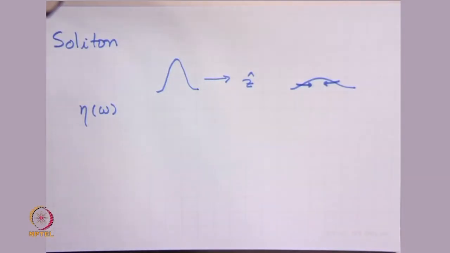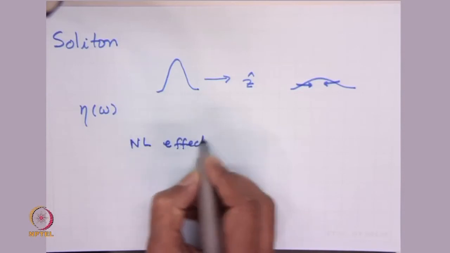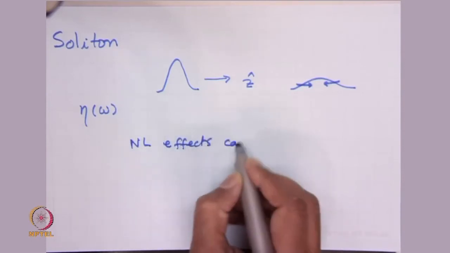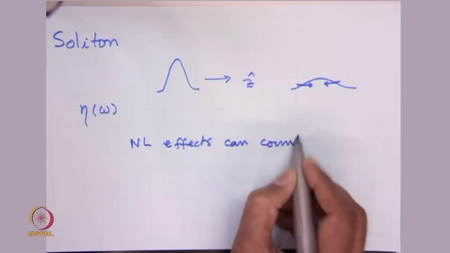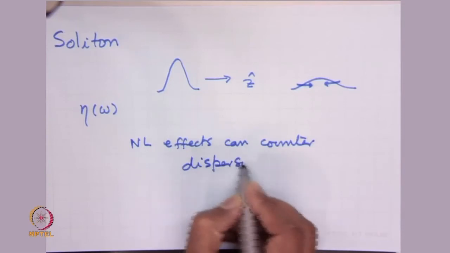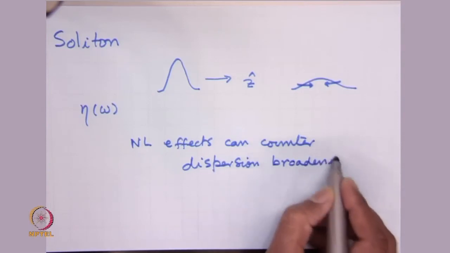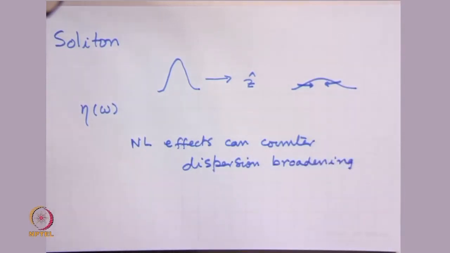You may counter completely the diffraction, the dispersion broadening. So nonlinear effects can counter dispersion broadening. The mathematical analysis is very similar to self-focusing, and then the pulse will propagate without distortion, and such a pulse shape which propagates without distortion is called a soliton.